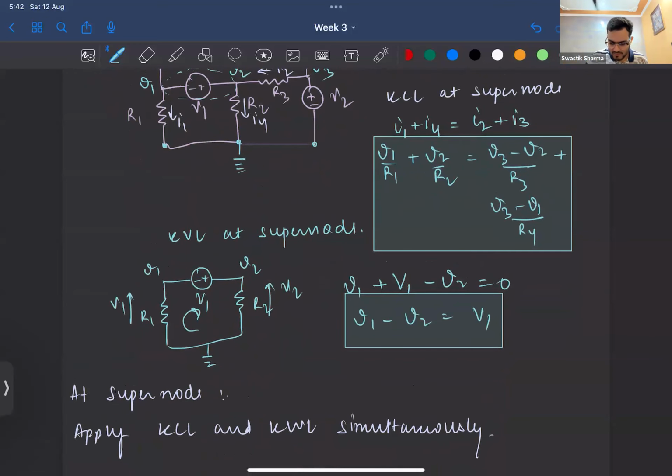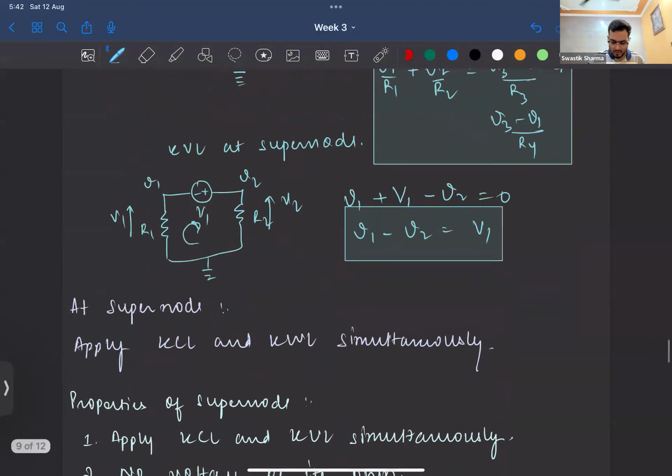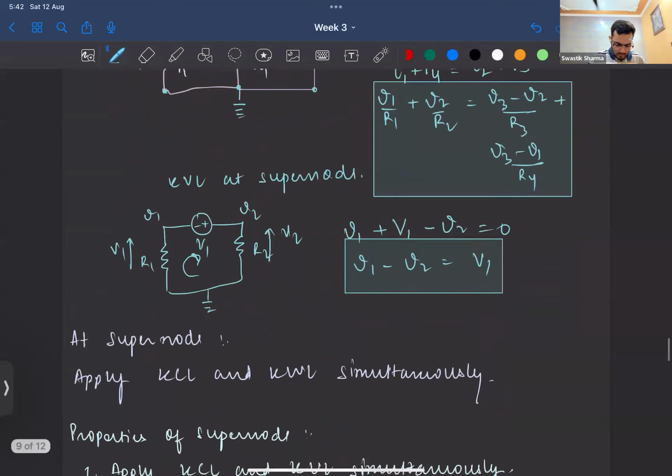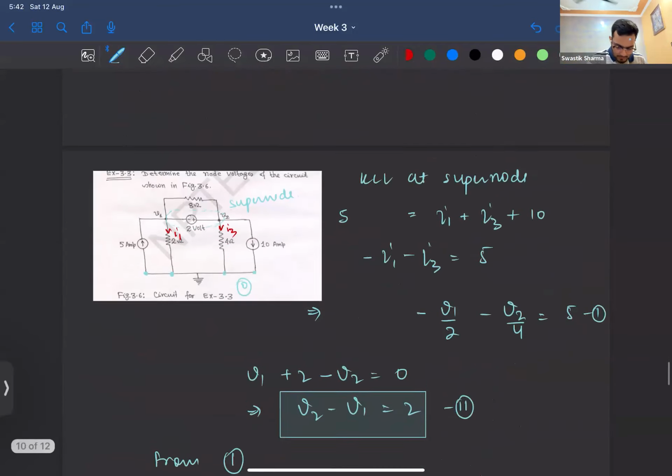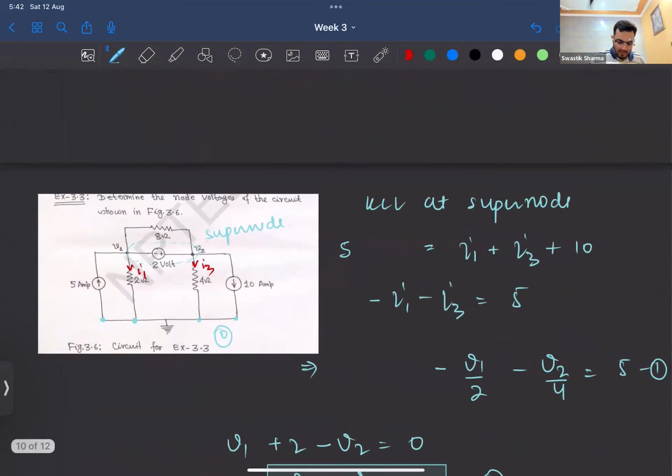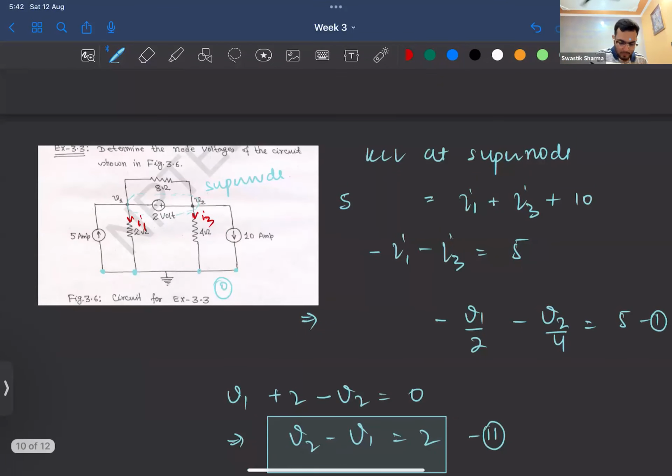You can simply solve these two equations, because there are two equations and two variables, and then you can find the answers. For example, here we solved this using a supernode, where you had a 2-volt source connected between V1 and V2. So this whole node is a supernode, right?